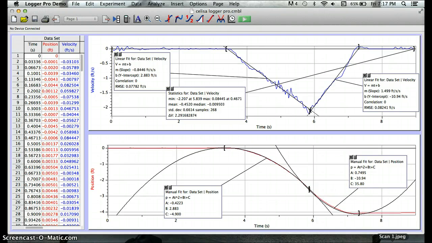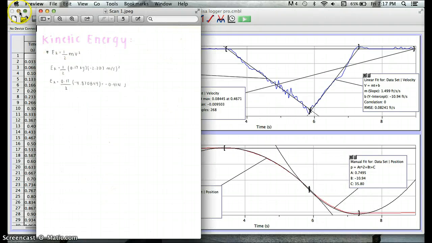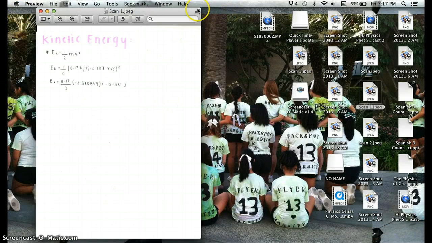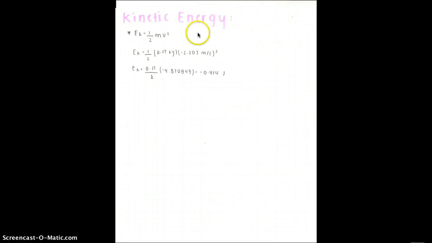Next, we have the kinetic energy of our car, and the equation is kinetic energy equals 1/2 mass times velocity squared. So we have EK equals 1/2 times 0.17 kilograms times negative 2.207 feet per second squared.